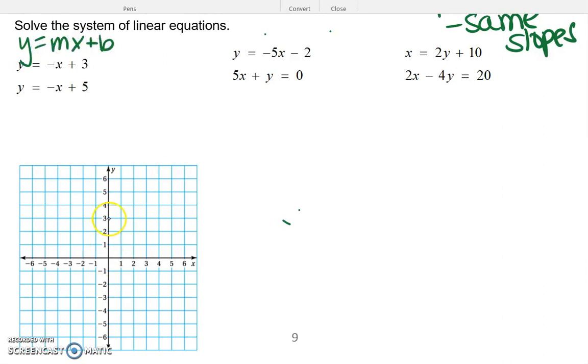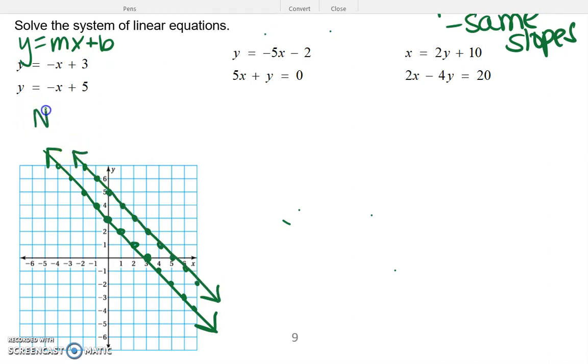So -x plus 3, and it has a negative slope, so it's going to look like this. I'm going to make all possible points and then draw my straight line. And then -x plus 5, same thing over here. Once again, these have the same slope but different y-intercepts, and they are never going to cross, so this one is no solution.